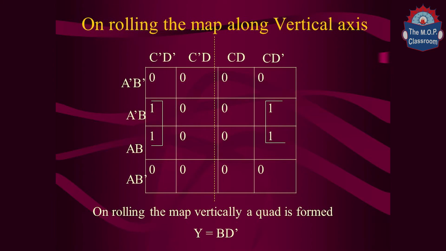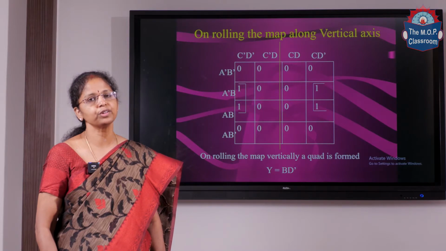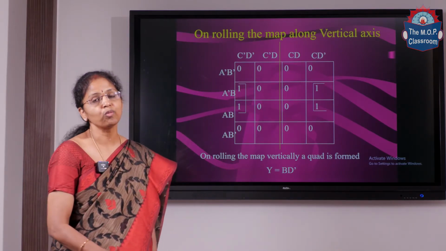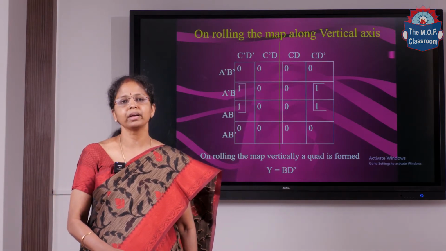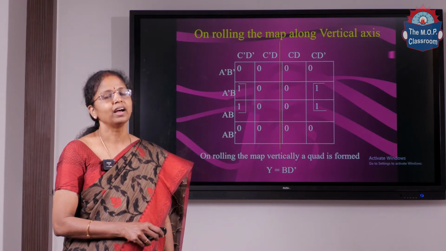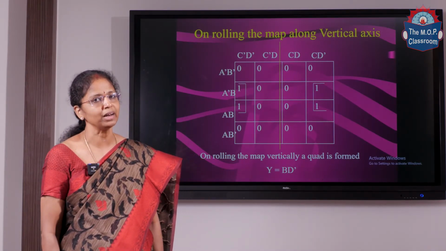But if we roll the map along the vertical axis, which is an imaginary line shown in this slide as a dotted yellow line, then column 1 and column 4 are going to become adjacent. So, the ones in those 2 columns will become adjacent, so that you have 4 adjacent ones and can form a quad.